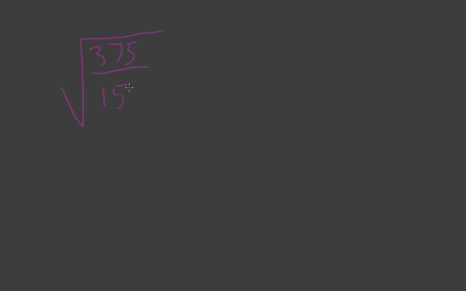Anyway, so we got to divide this. So let's give it a try. So here we go. Put the 15 on the outside and the 375 on the inside. And let's see if we can do this. Well, does 15 go into 3? No, it doesn't. Does 15 go into 37? It does, 2 times. All right. And then there's a remainder of 7. And then we bring down the 5.